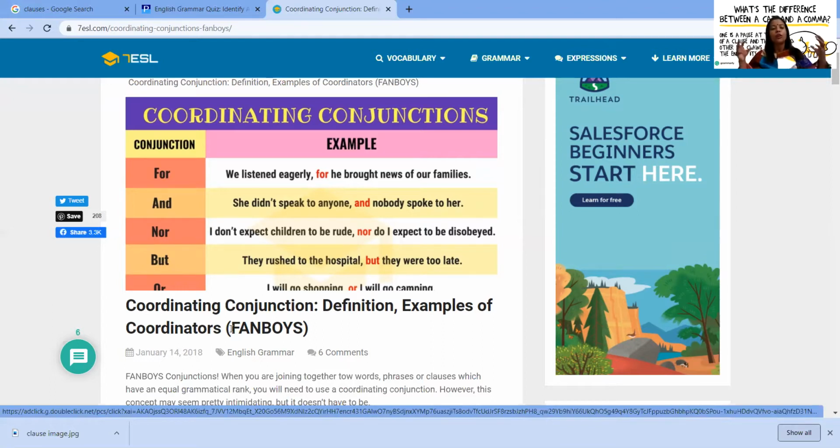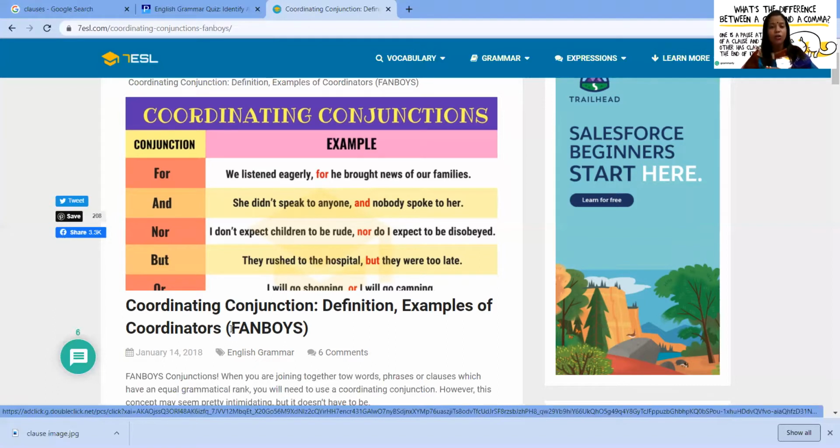Coordinate means what? Putting things together, right? That means when we are joining things together, when we are trying to fix things together. So the conjunctions are what? They are the linking words, the connectors. There are a few connectors which are called coordinating conjunctions, and there are conjunctions which are called subordinating conjunctions.